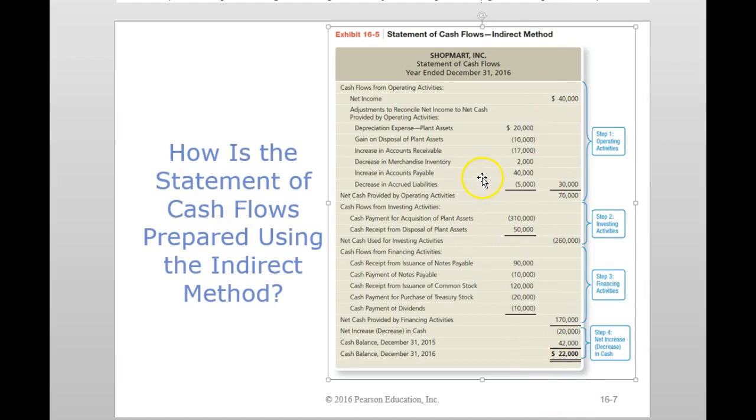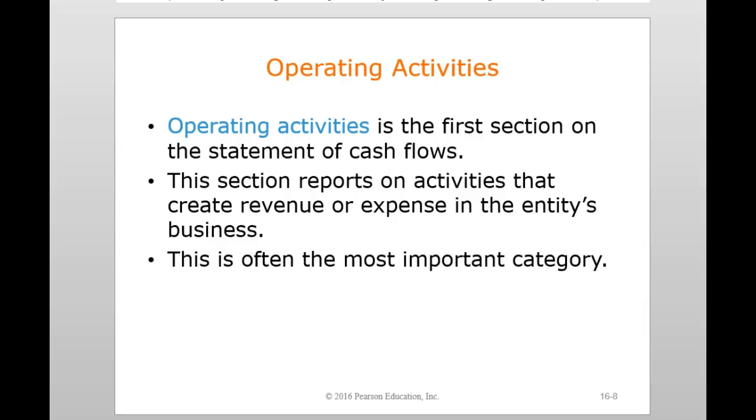So the operating activities, that's the first section I just showed you, and it reports the activities that are created from revenue or expenses of the business. And this is a very important one. How much cash did you generate from revenues and expenses, true cash?